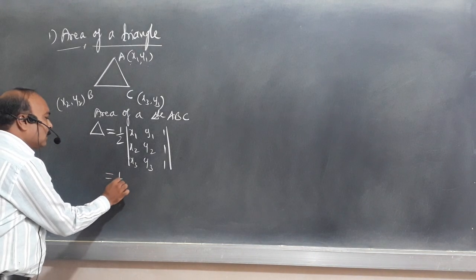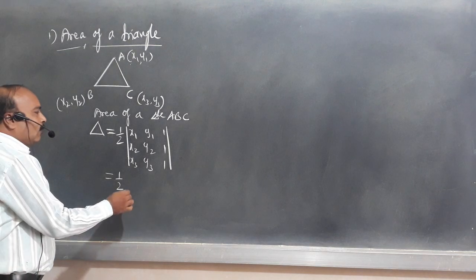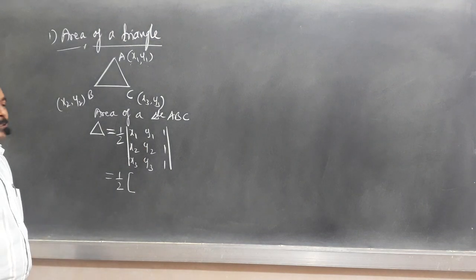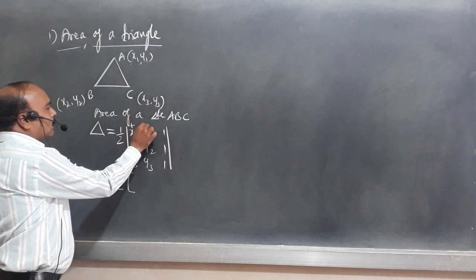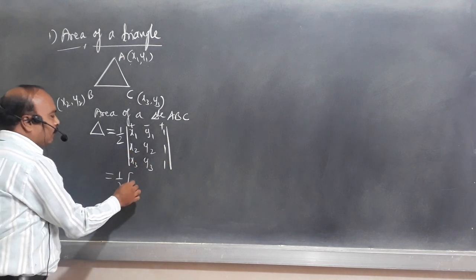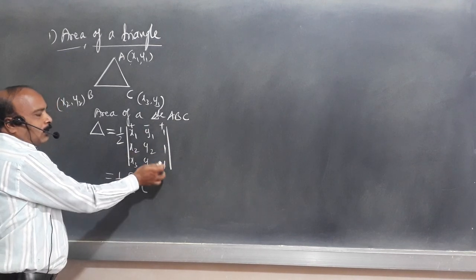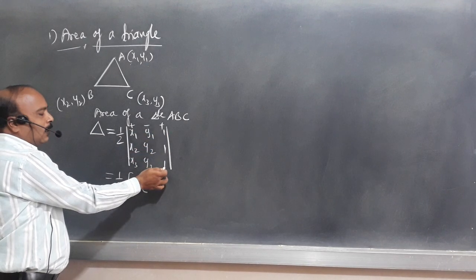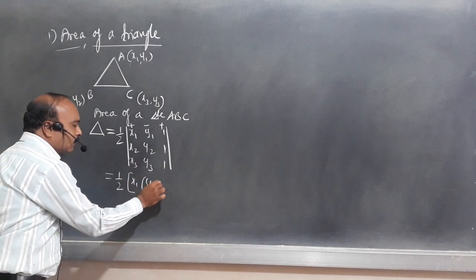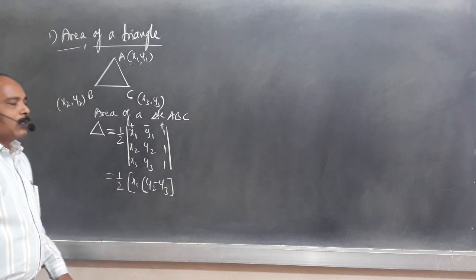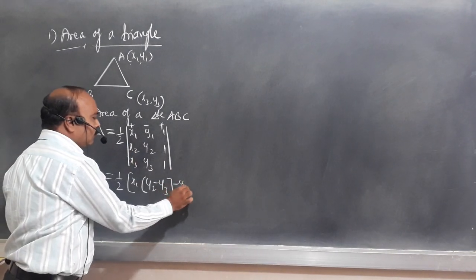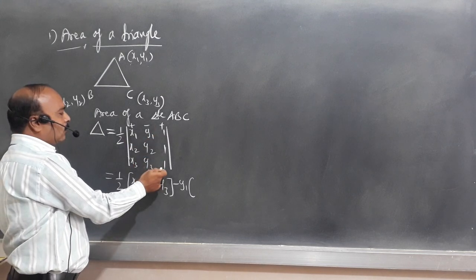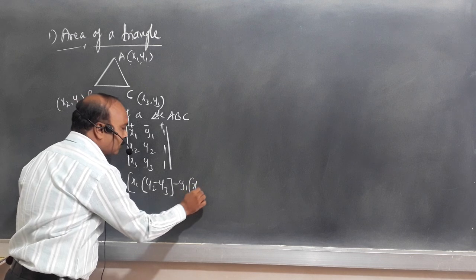Now, keeping this 1 by 2 as it is, we go for the determinant expansion. We write plus, minus, plus. First x1 into, deleting this column and this row, we get y2 minus y3. After that minus y1 into, deleting this column and this row, we get x2 minus x3.